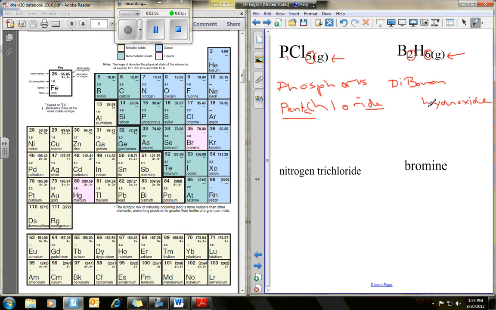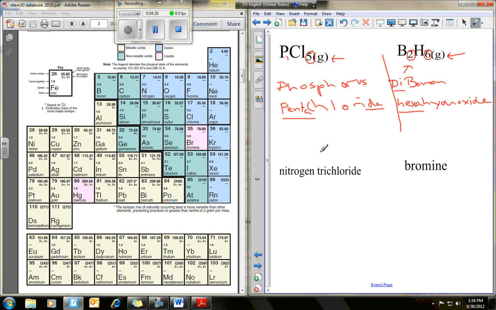So diboron, and what would my prefix for hydroxide be? 6, which is represented by hexa. So diboron hexahydroxide. Very easy. And that's how you would write down the chemical name. So you just need the prefixes that represent your number of atoms.